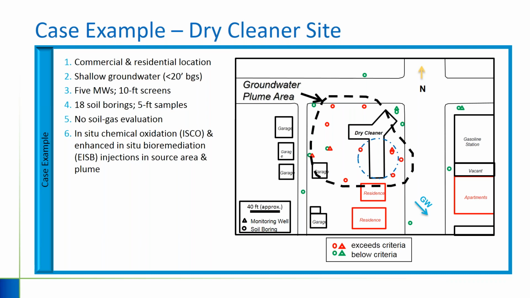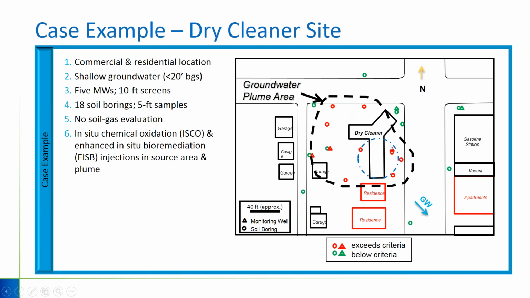The monitoring wells weren't really out of line with what we do in some cases now. So there were 5 wells with 10-foot screens. So it's not like they were sampling wells with a 40 or a 50-foot screen. They were 10-foot screens. So this is what was used to generate this initial conceptual site model.